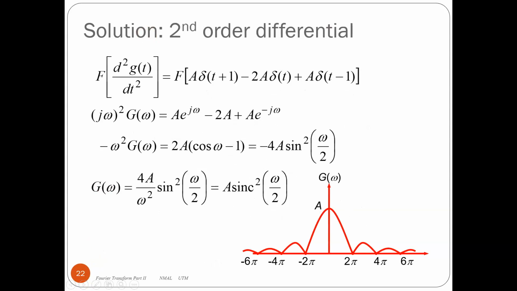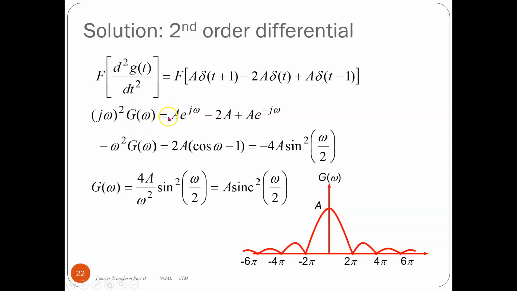This is another example for second order differentiation. For this second order, we perform the Fourier transform for the impulse function that we obtained before, and this j omega should be squared, multiplied by G(omega), the original one that we obtained before.